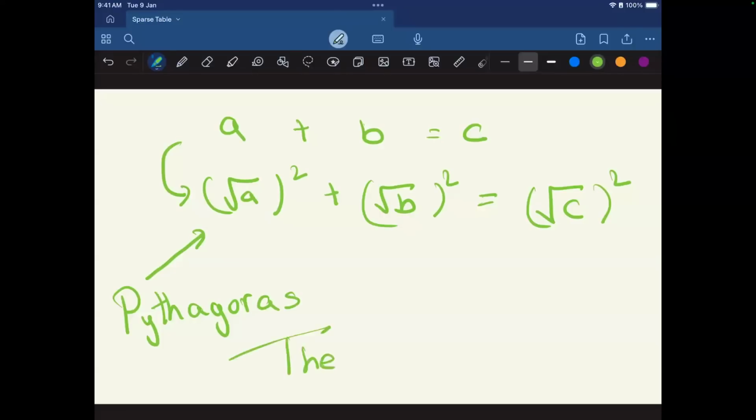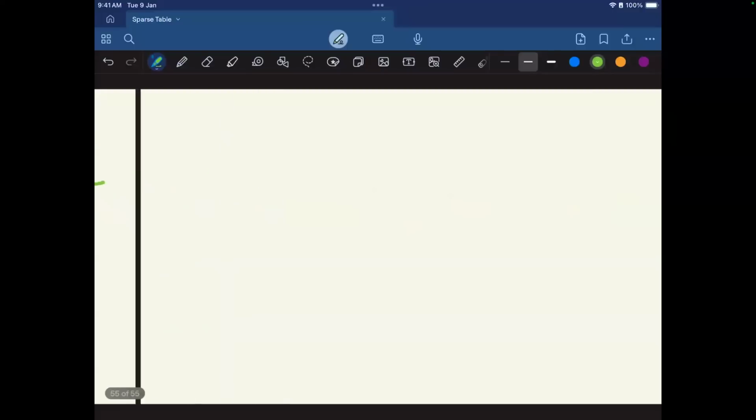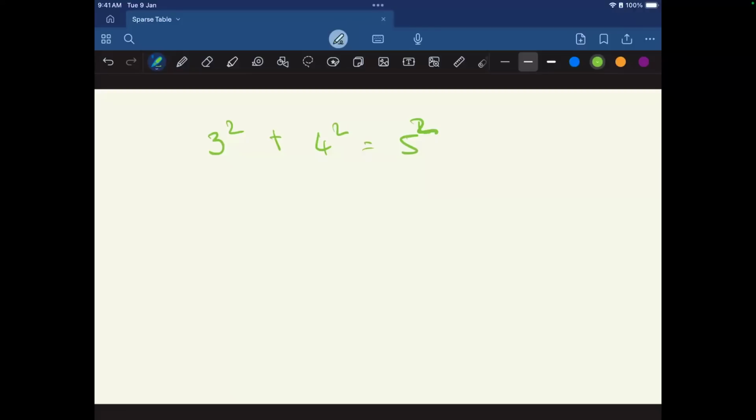Yes or no? A square plus B square is equal to C square is nothing but Pythagoras theorem, and the smallest Pythagorean triplet that is said to exist where all numbers are positive is nothing but 3 square plus 4 square is equal to 5 square. Yes or no? Can you come up with a smaller Pythagorean triplet where all numbers are greater than or equal to 1? Tell me, guys.